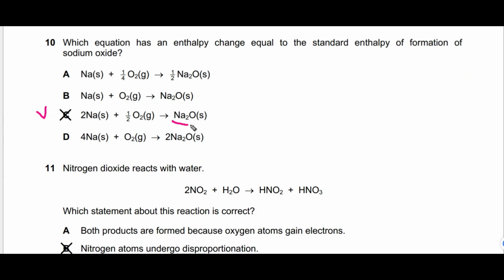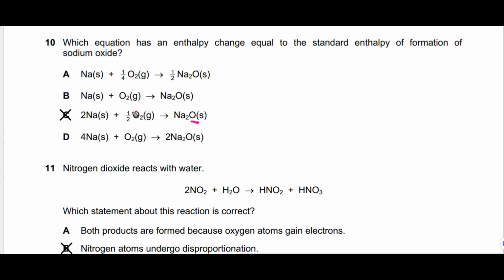Why? Sodium oxide is an ionic compound, a solid. Sodium oxide has sodium element and oxygen element. So 2 sodium atoms, and the sodium standard state is solid as it is a metal, and here 1 oxygen atom.